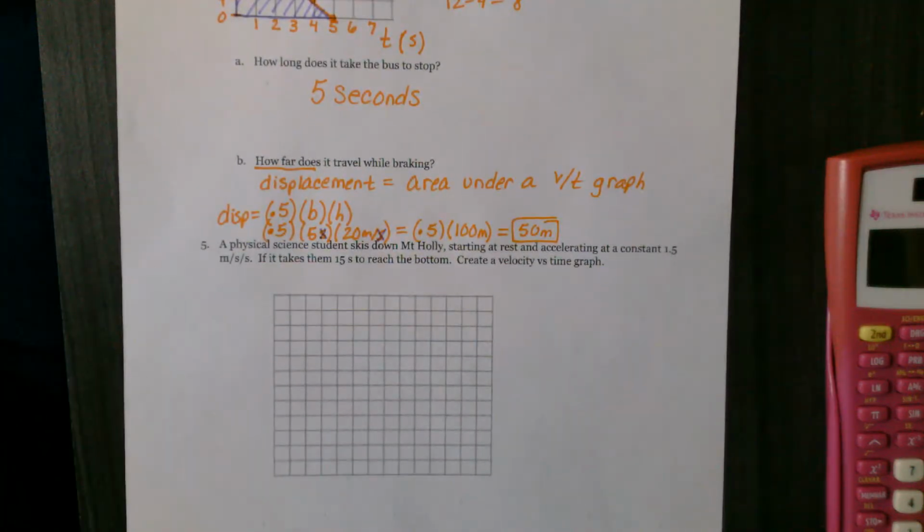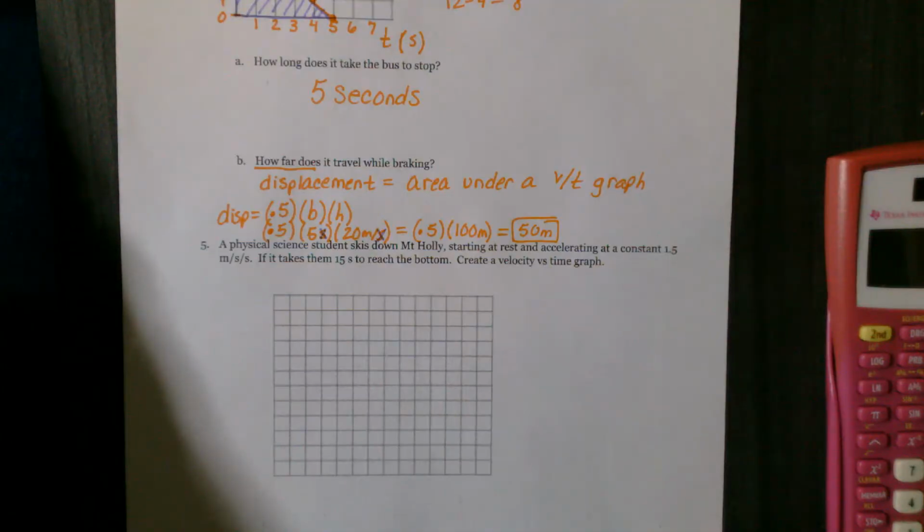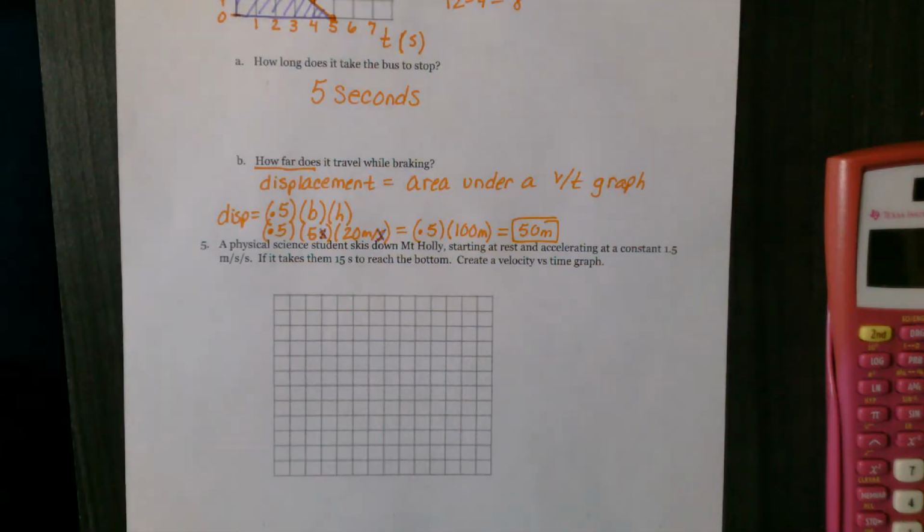Okay, a physical science student skis down Mount Holly, starting at rest and accelerating at 1.5 meters per second. If it takes them 15 seconds to reach the bottom, create a velocity time graph.